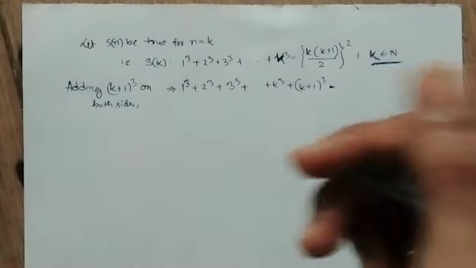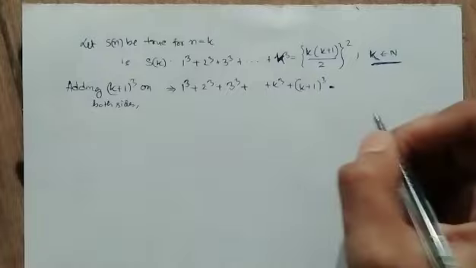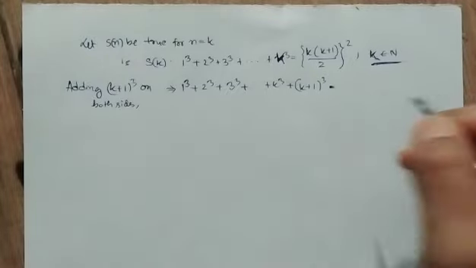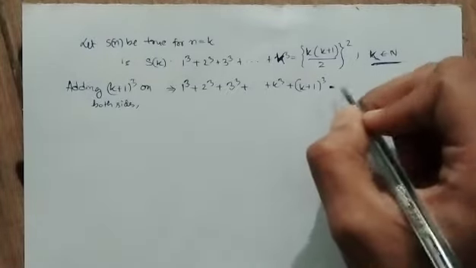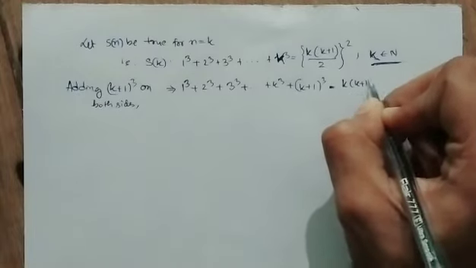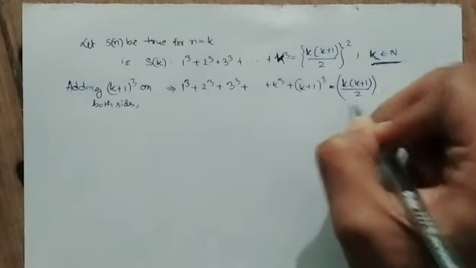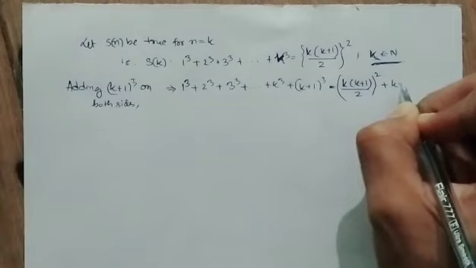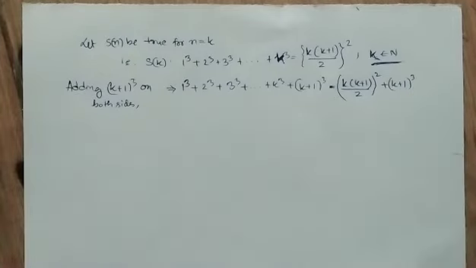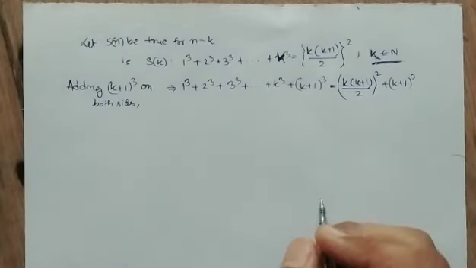If you add this term on the left hand side, you must also add it on the right hand side, so that the equality is maintained. So k into k plus 1 divided by 2 whole square plus k plus 1 cube. Okay, we are done with this.